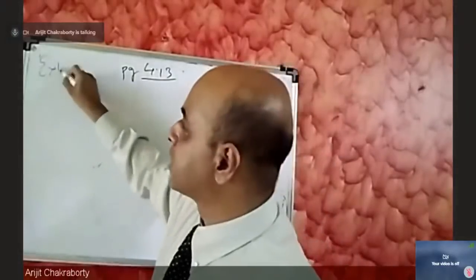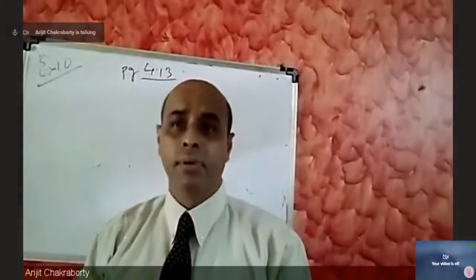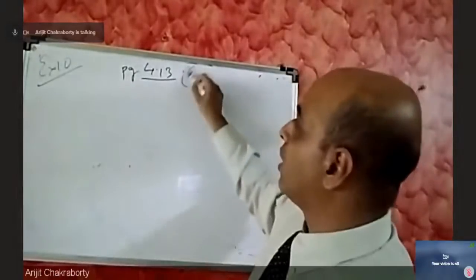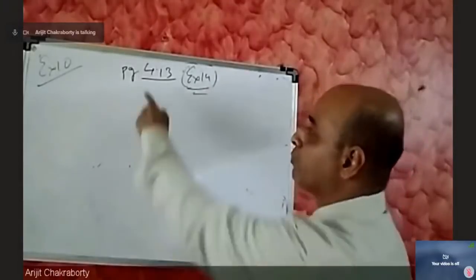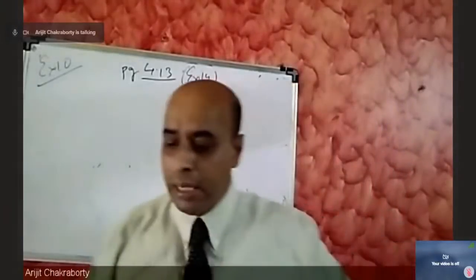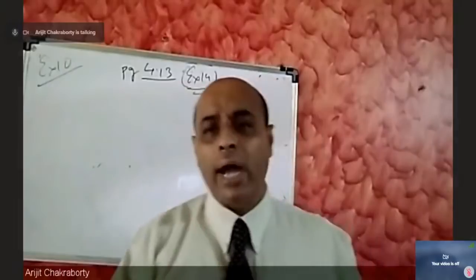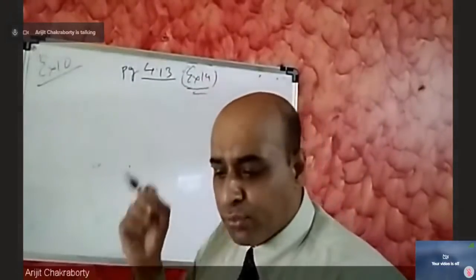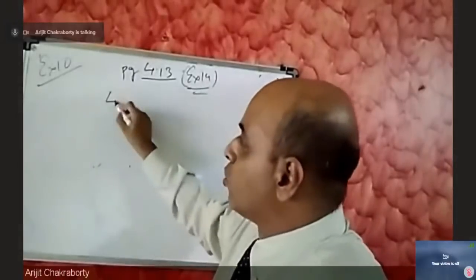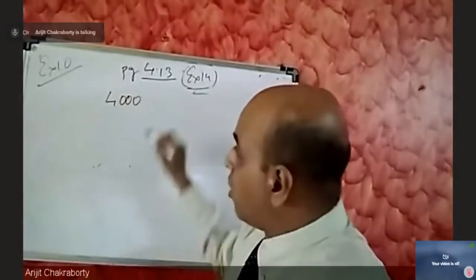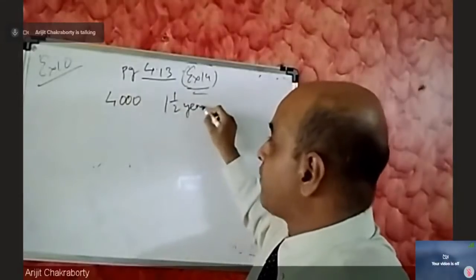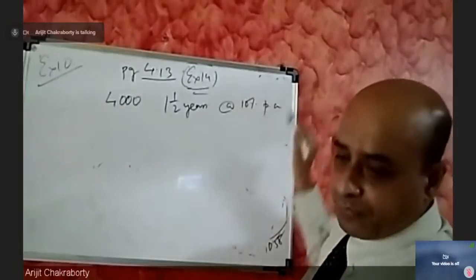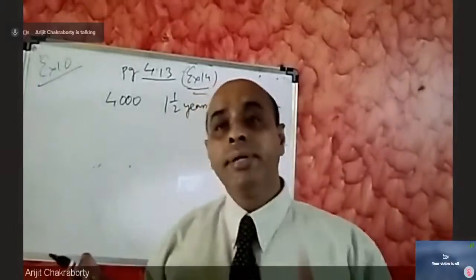We have completed 10 examples in time value of money. This is page number 4.13. You will see example 14 on page number 4.13. Now, if you kindly open the question, you will find we have to find out the compound interest on rupees 4,000 for 1.5 years at the rate of 10% per annum, compounded half yearly.